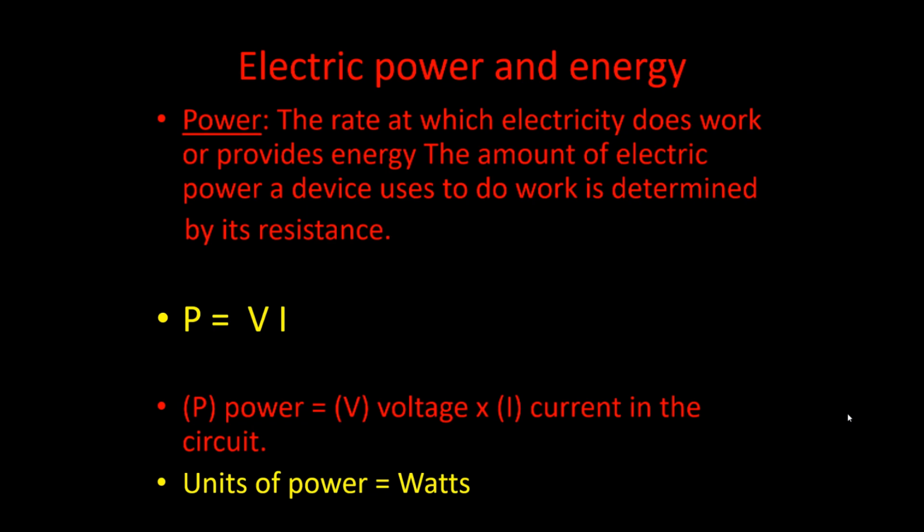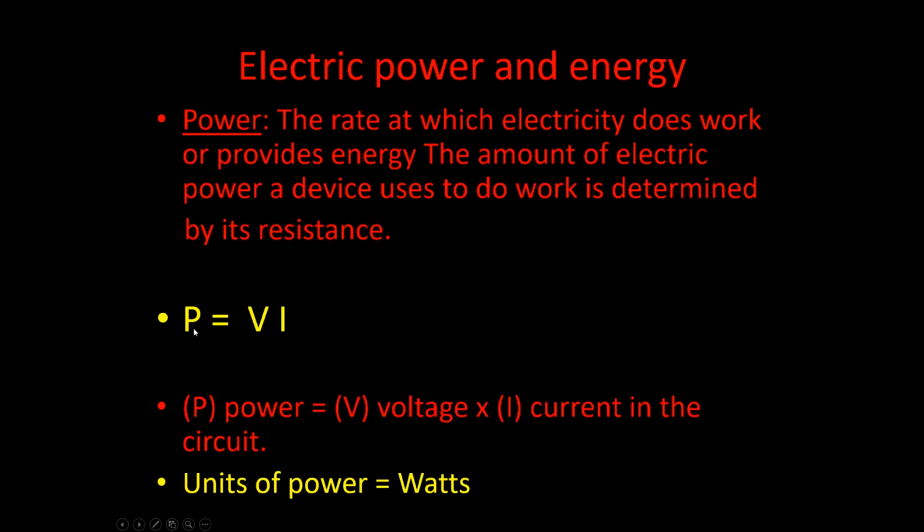So we just defined voltage is equal to current times resistance. The other definition we want to look at is what is power. Power is the rate at which our electricity can actually do work. How quickly can it provide energy? And that comes from power being voltage, remember this is our potential difference, multiplied by current.